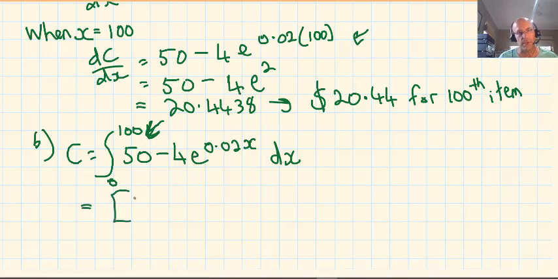Okay, so we take our definite integral. In regards to x, we'll have 50x for the antiderivative minus, now integrating e, we have the reciprocal of 0.02. Since 0.02 is a 50th, the reciprocal will be 50.